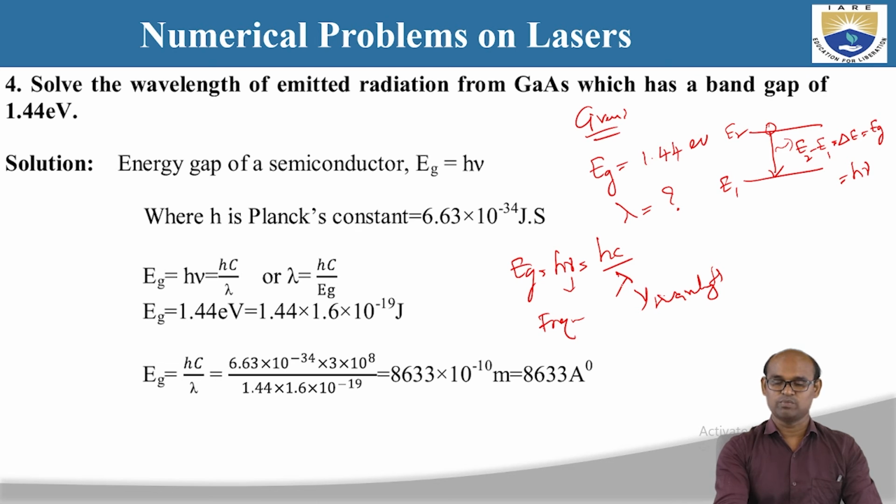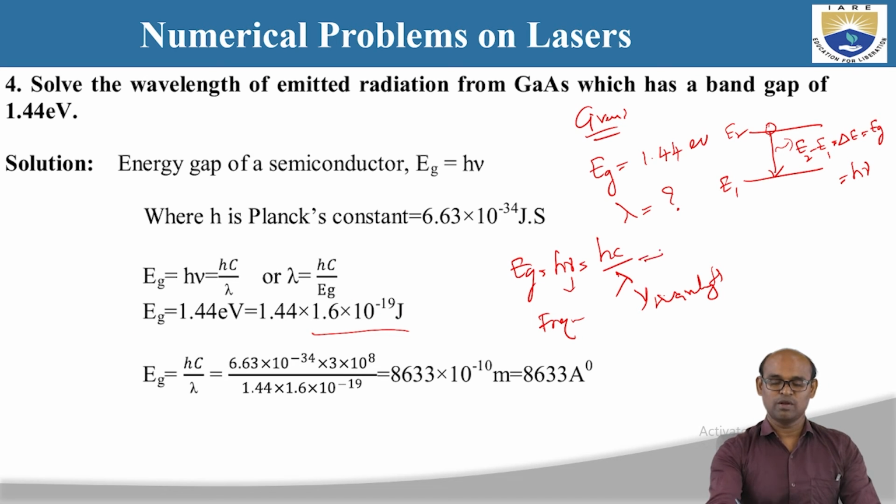They have given the energy gap as 1.44 electron volts. You can convert these electron volts into joules: 1 electron volt is 1.602 into 10 power minus 19 joules. So 1.44 into 1.602 into 10 power minus 19 gives you this energy gap in joules.